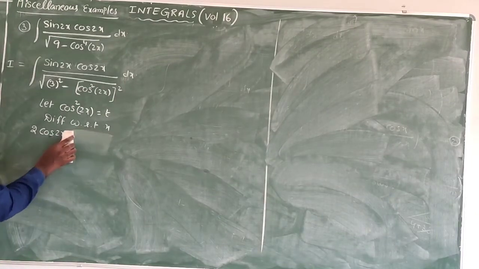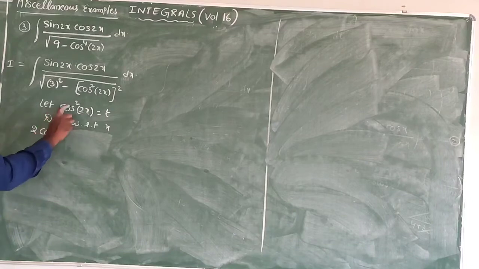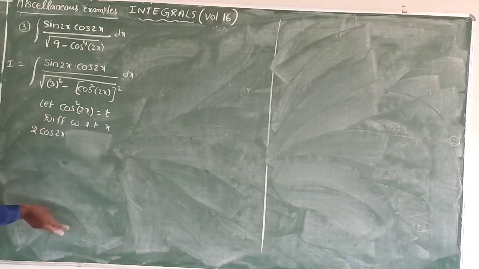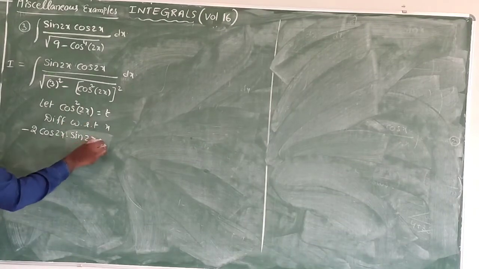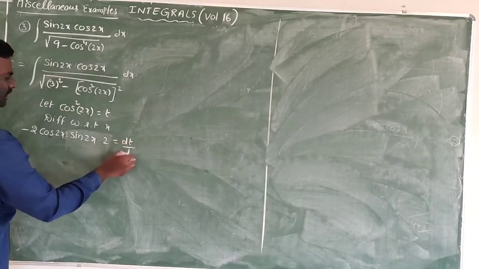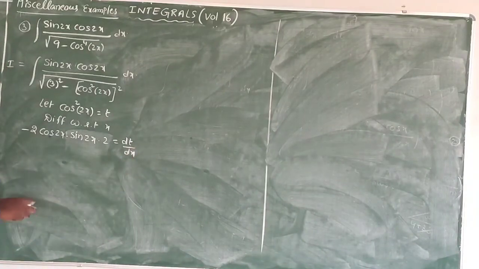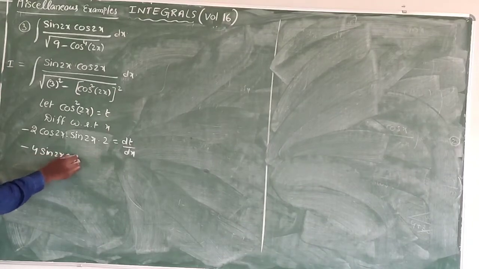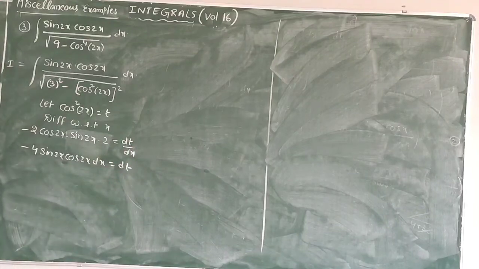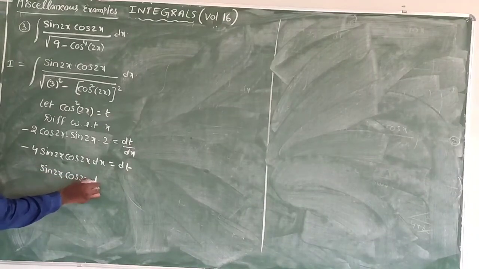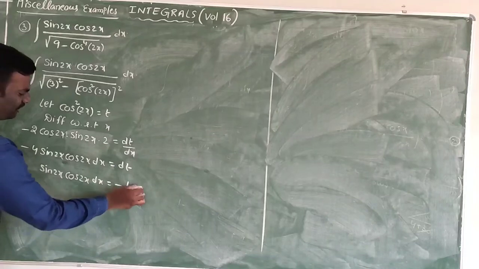First, differentiate the main function x square, derivative 2x, again cos 2x derivative minus sin 2x, again 2x derivative 2. dt by dx, that is nothing but minus 4 sin 2x cos 2x dx is equal to dt. Okay. Now send minus 4 to that side, sin 2x cos 2x dx is equal to minus 1 by 4 dt.